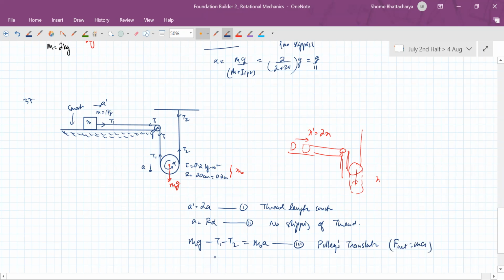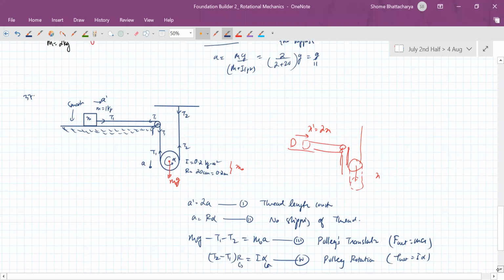And also about the center of the pulley, you can see that the net torque, which is of anti-clockwise sense, is creating an angular acceleration alpha, which is anti-clockwise. So this is the pulley's rotational equation, that net torque is equal to I alpha.